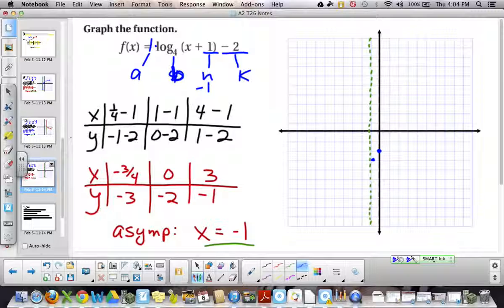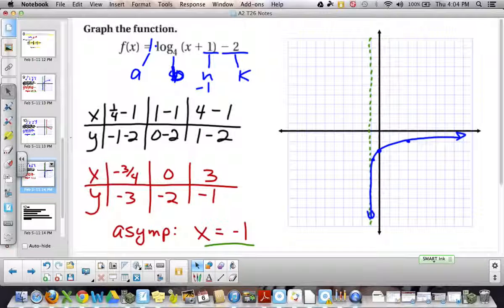And 3, -1 is about there. So our graph comes up along the asymptote and then curves out through our 3 points. And there's our graph.